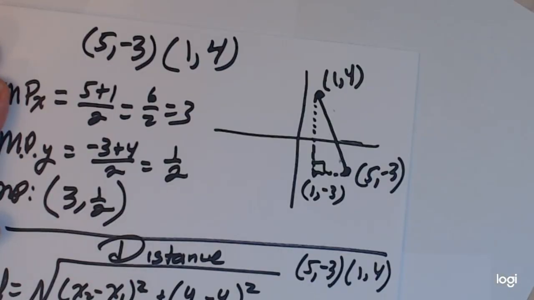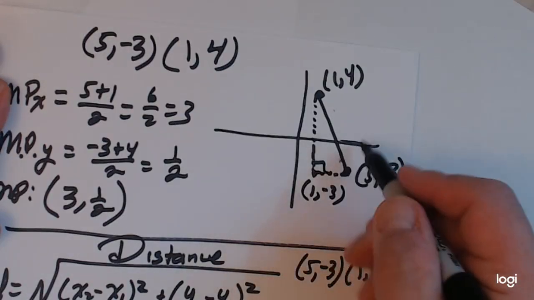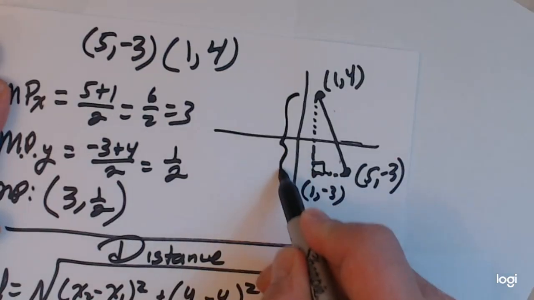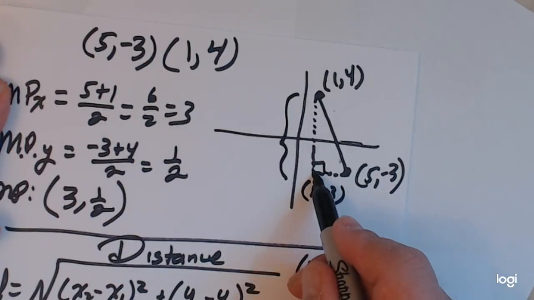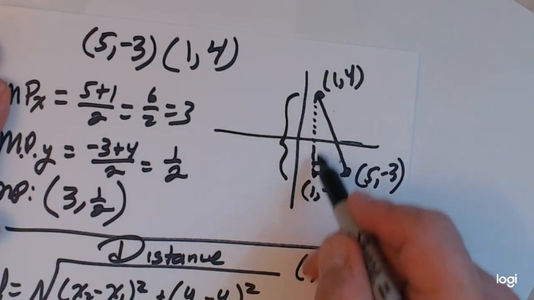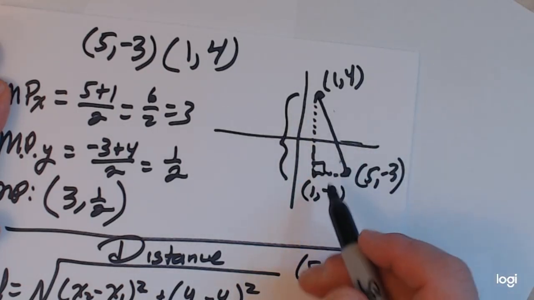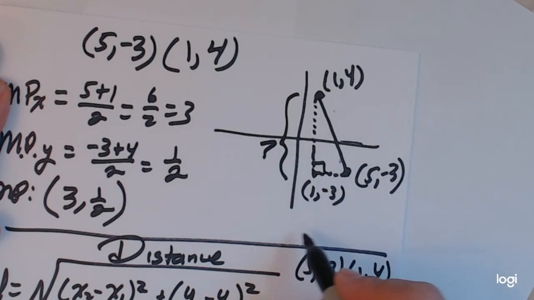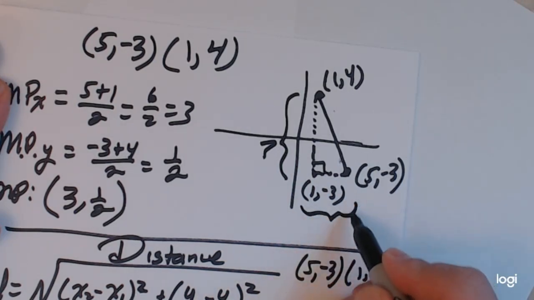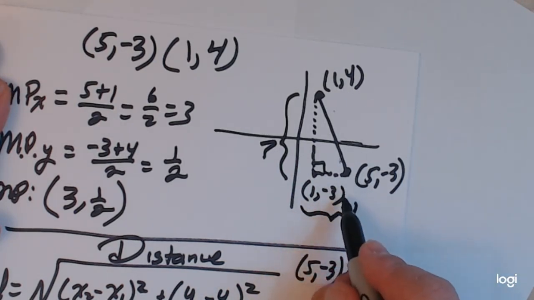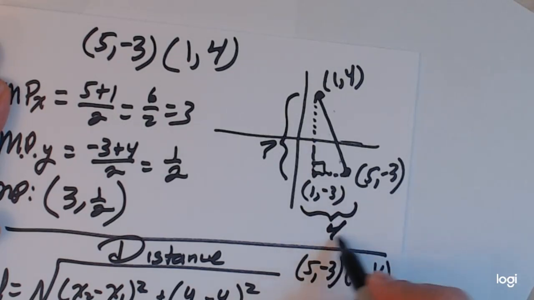Now, if we go back up to the graph, the long leg's length is negative 3 to 4, which is 7 units. And the length of the short leg is from 1 to 5, or 4 units.